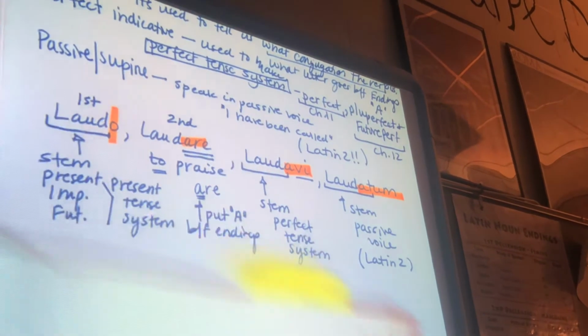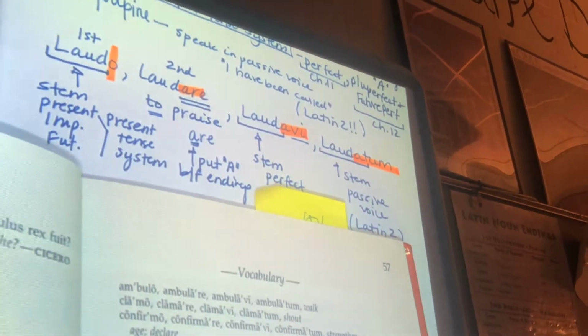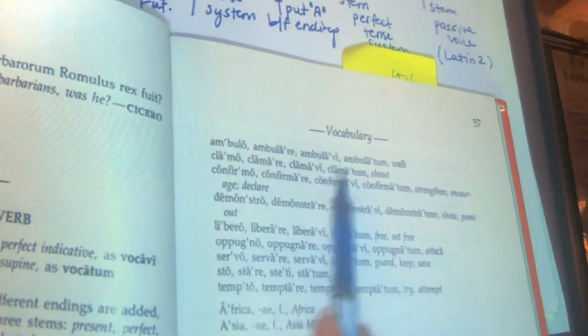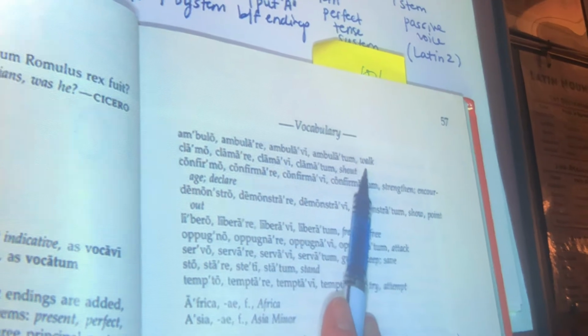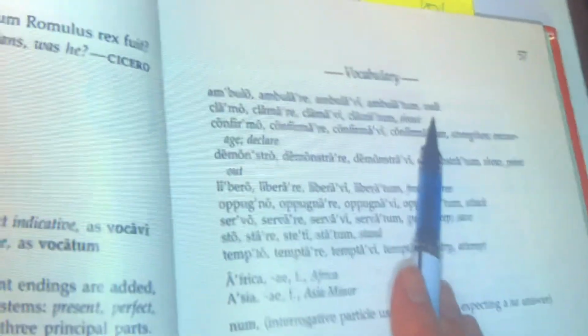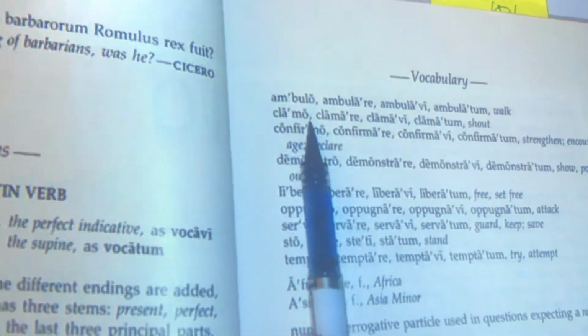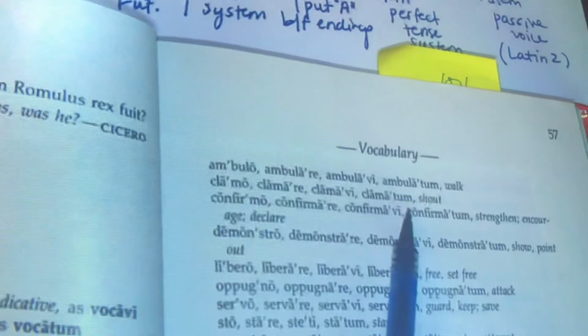So on your vocabulary, you're gonna see ambulo, ambulare, ambulavi, ambulatum, to walk. Ambulance or amble means to walk. Clamo, clamare, clamavi, clamatum.